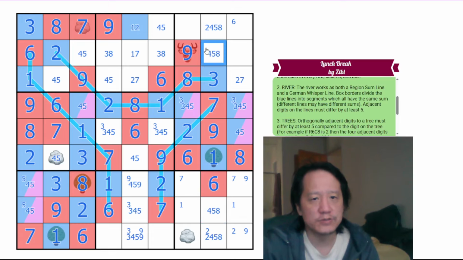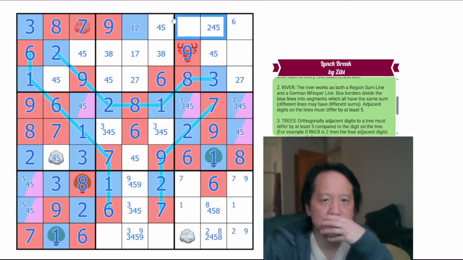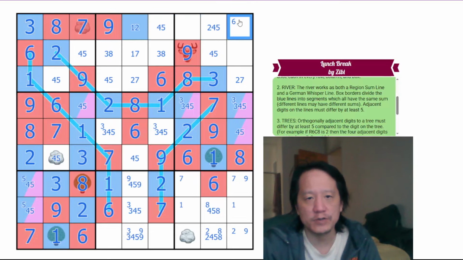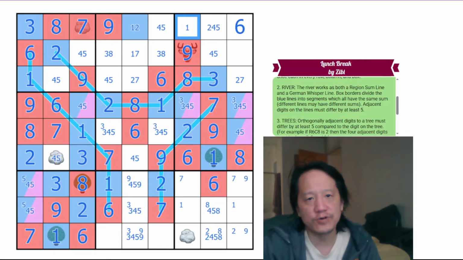This can't be 2. This can't be 8 because of a 3, 8 pair, and actually can't be 8 at all here. So one of these two is an 8. 6 in row 1 can only be here now, so this is 6. This is 1, 2, 4, or 5. Cannot be 2 because of 2 in the column.